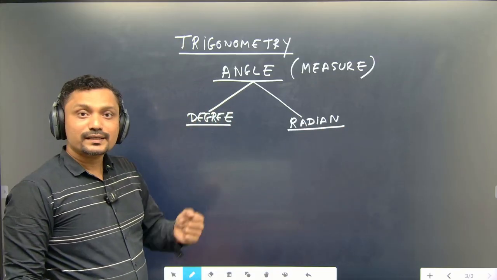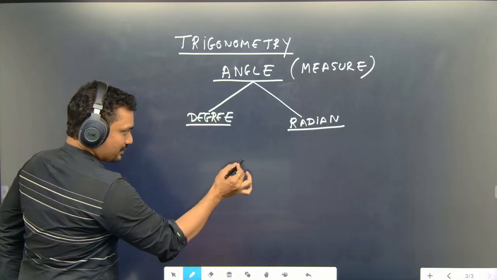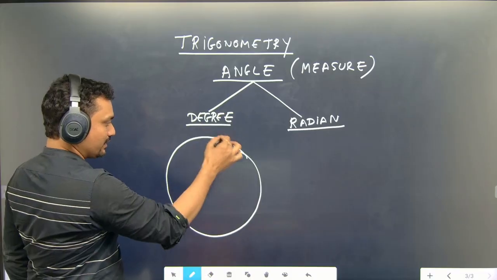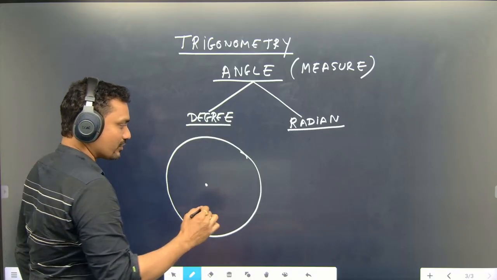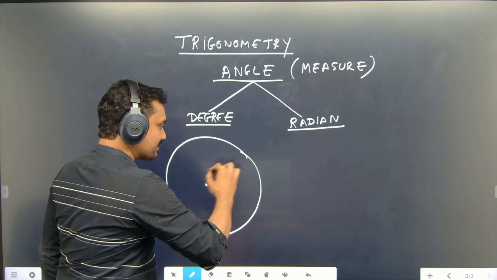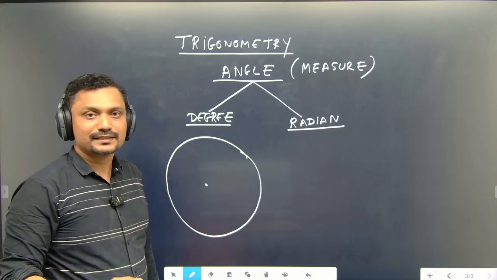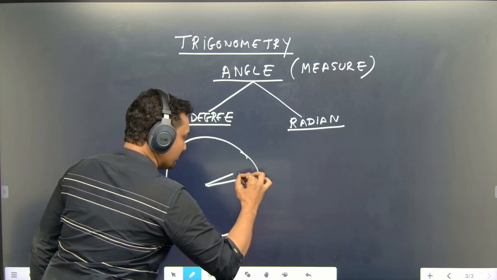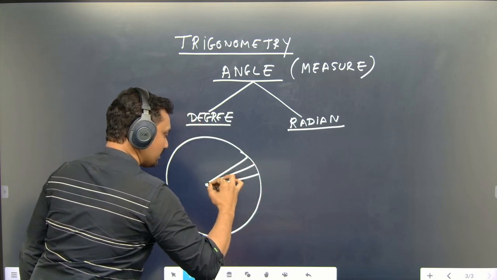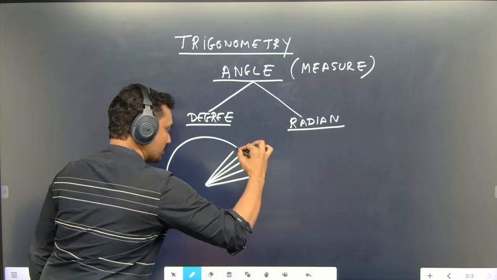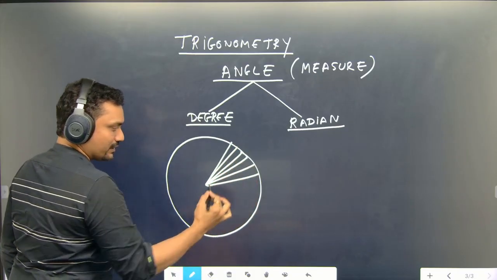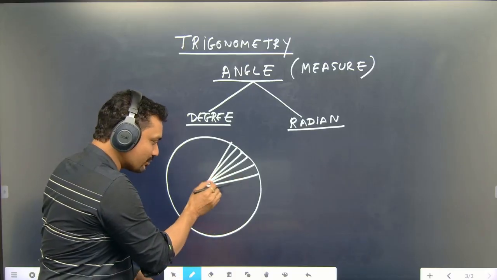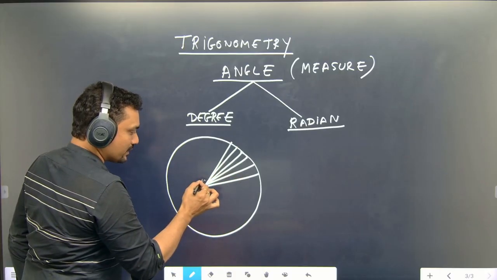So basically, what is a degree measure? In a degree measure, we take a circle. We take a circle to define degree. We take a circle, and from the center we divide this circle into 360 equal parts. So something like this, we start dividing the circle something like this. Like this is very big actually. When you say degree, if you divide this into 360 equal parts, it will be very small, and it will be something like this.